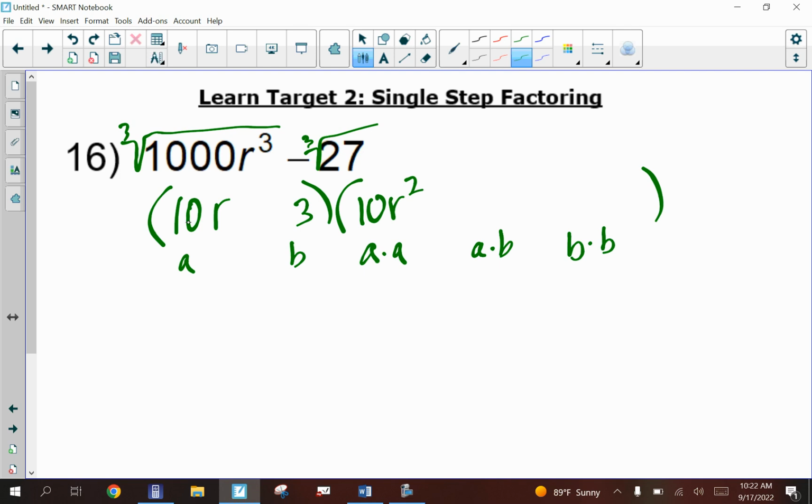A times B would be 10r times 3, so that's 30r. And then B times B would be 3 times 3, so that's 9. Then our SOAP acronym: same as the original, so that's going to be a minus, opposite, and then always positive, and that's our answer.